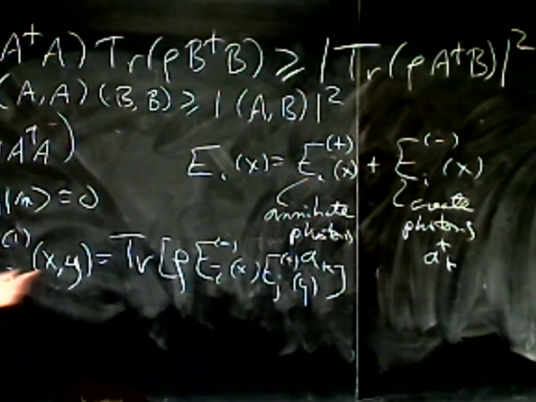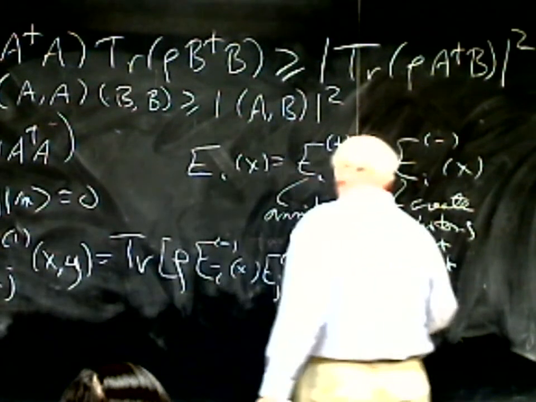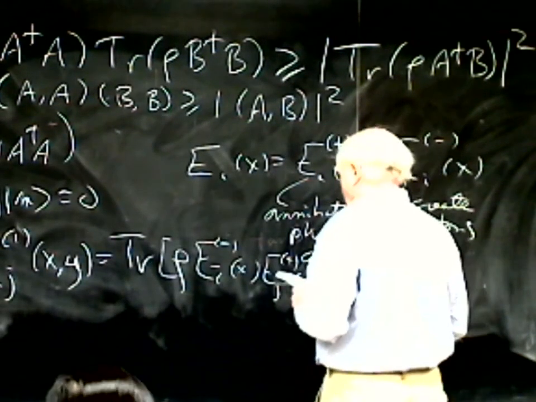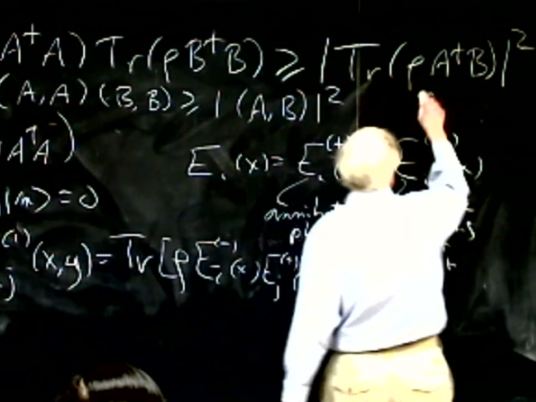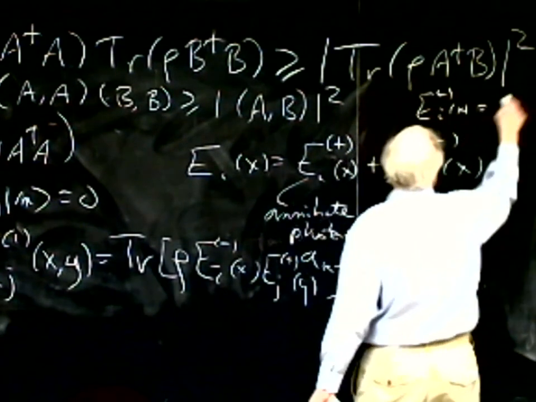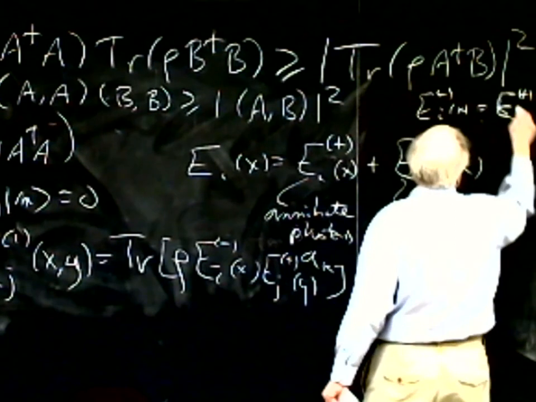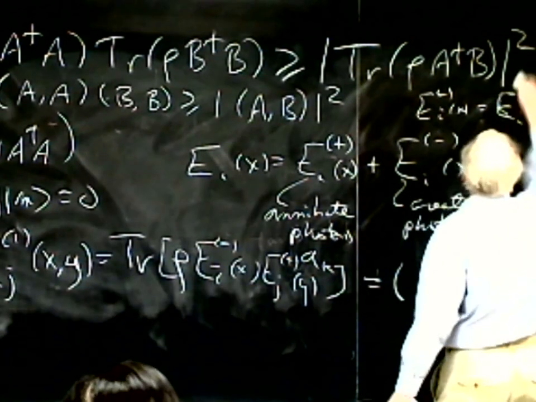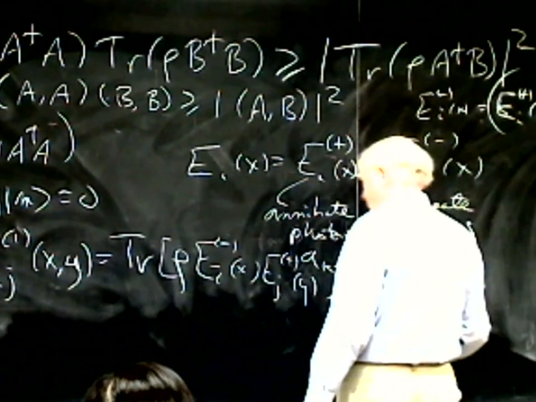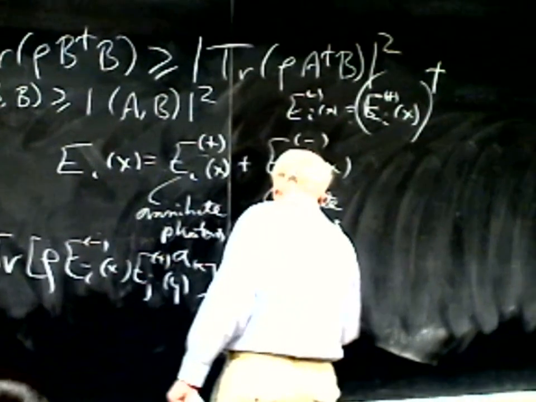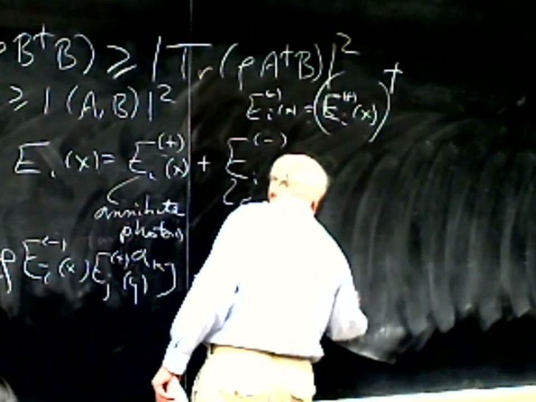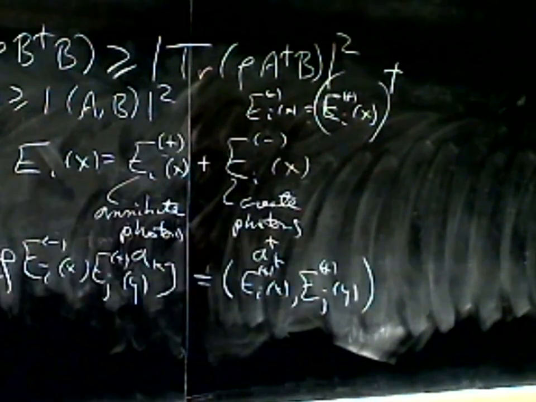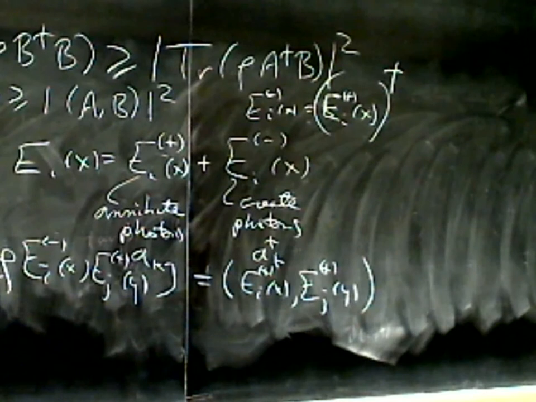So the trace of those two, which you can think of as an inner product, since E_i minus at x is actually E_i plus at x adjoint. So this can be thought of as E_i plus at x inner product with E_j plus at y, and this correlation function is one of these degenerate inner products.